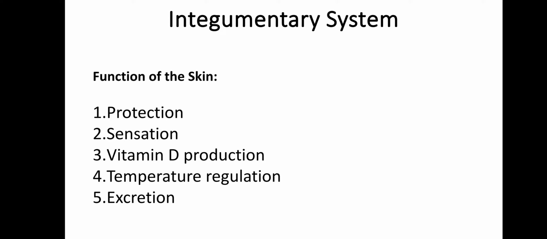Okay, so ito po ang ating skin, ito po ang ating first line of defense natin against microorganisms. The skin provides protection against abrasion and ultraviolet rays, and also prevents microorganisms from entering the body and reduces water loss, thus preventing dehydration.